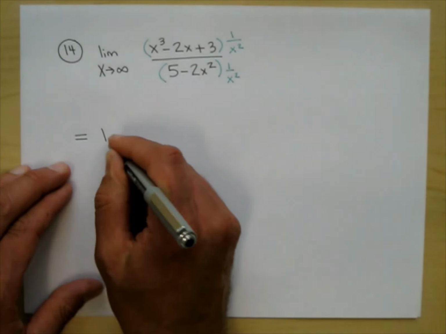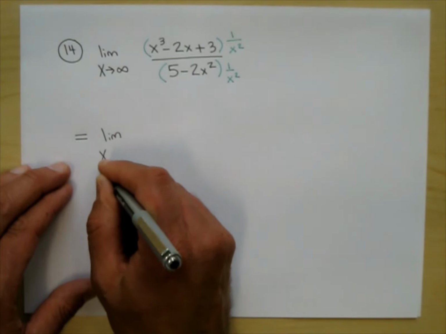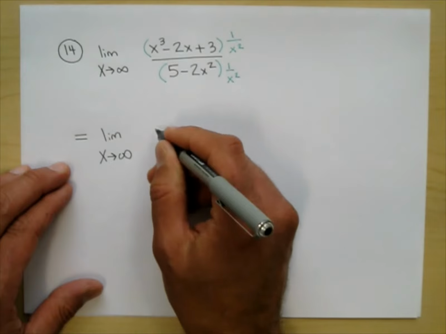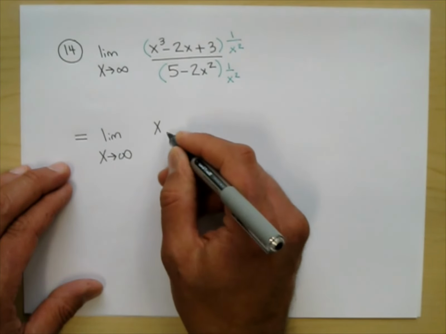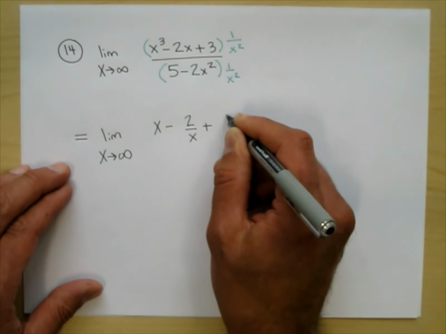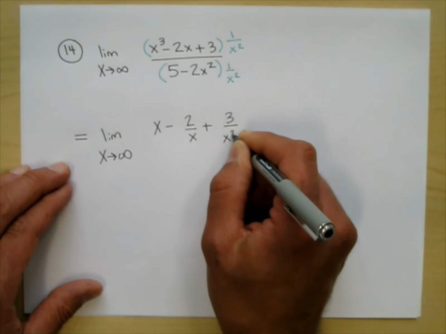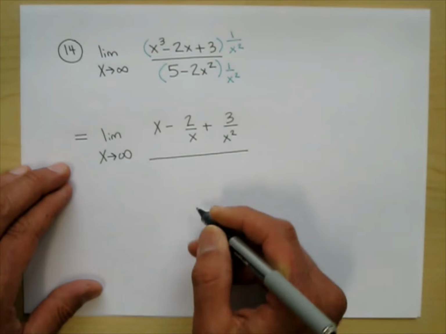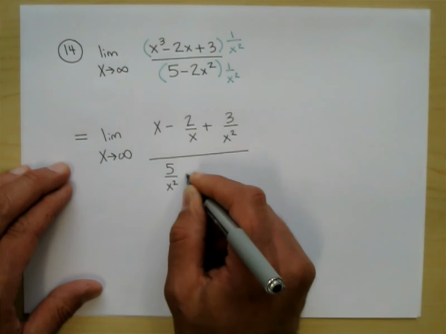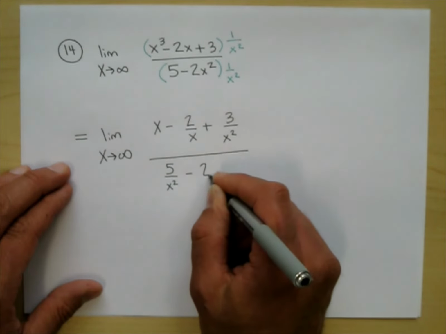So this is going to give me the limit as x approaches infinity, and this is going to look a little different now. It's going to be x minus 2 over x plus 3 over x squared. Now on the bottom you're going to get 5 over x squared minus 2.